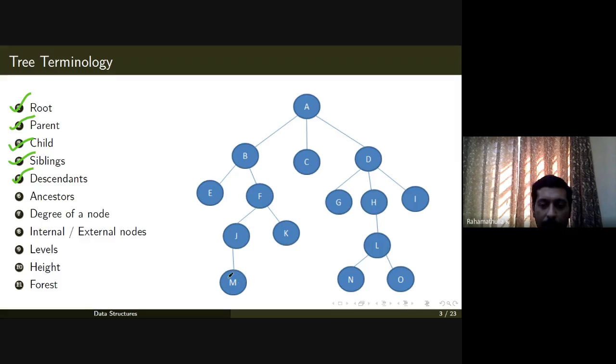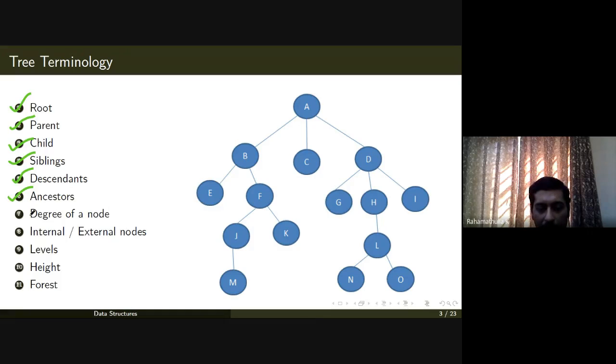For example, the ancestors of M are J, F, B, and A. The ancestors of H are D and A. So, ancestors and descendants are just opposite concepts. Ancestor is you take a path from that node to its parent, then from its parent, and so on till you reach the root of the tree. So, that set contains the ancestors of a node.